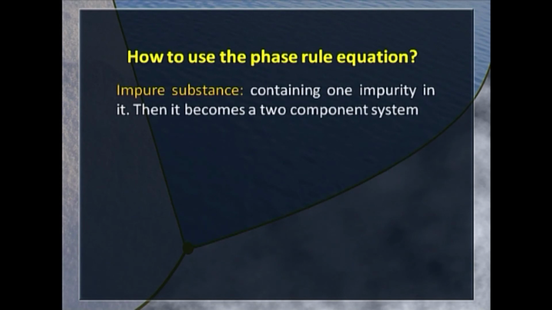Let us verify this. Take an impure substance containing another impurity in it. When an impurity is present, it becomes a 2-component system, for which C is equal to 2 and P is equal to 2. And we can apply the phase rule and try to find out the number of degrees of freedom when the equilibrium between solid and liquid is established.